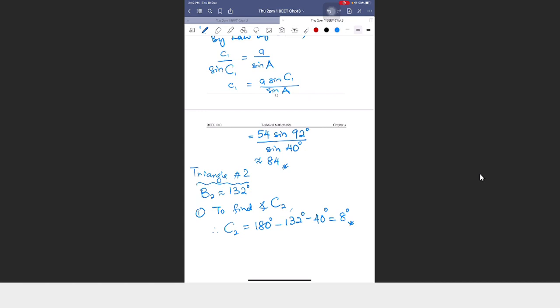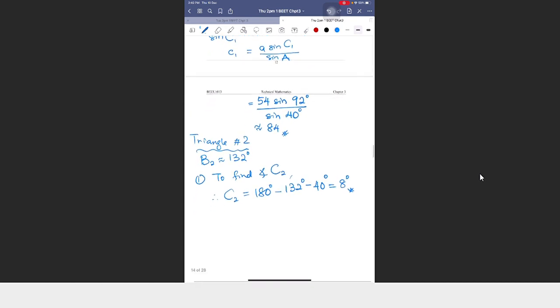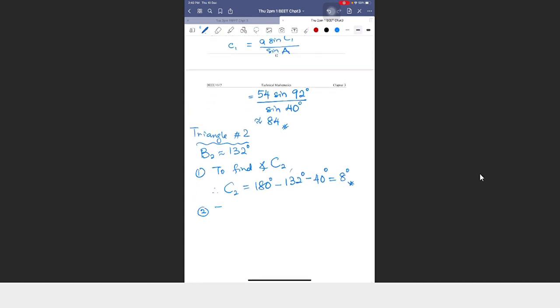Then finally you can find your last missing length, small c2, by law of sine.